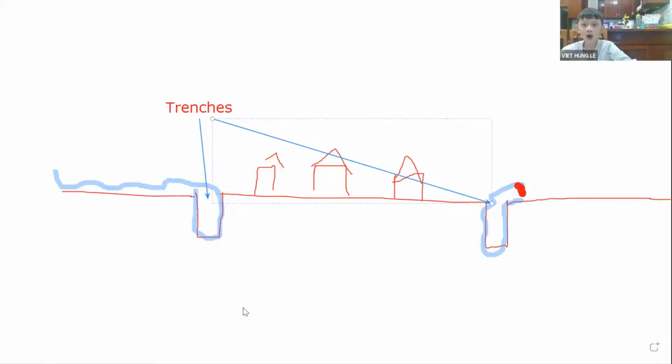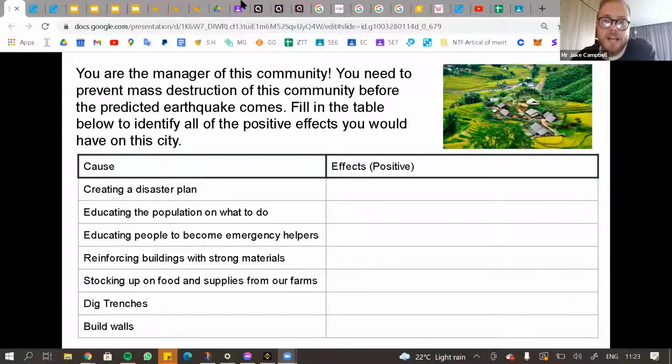So, Lisa, what is the positive effect of digging trenches? Digging trenches, we can prevent lava or volcanic eruptions or floods, like when they're about to flow into our home, and then there are trenches, and they just fall in there. Yeah, that's it. So trenches can basically slow down the hazard, depending on the hazard. Trenches do nothing for earthquakes, okay?